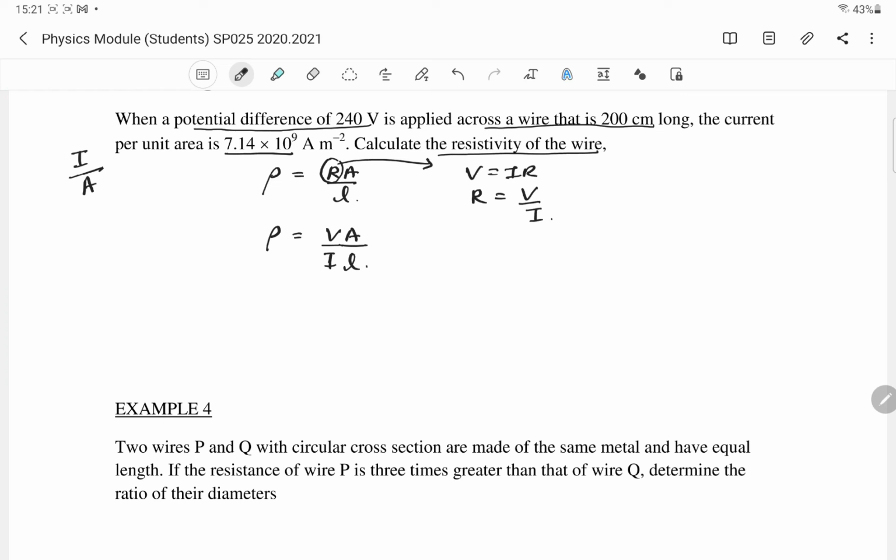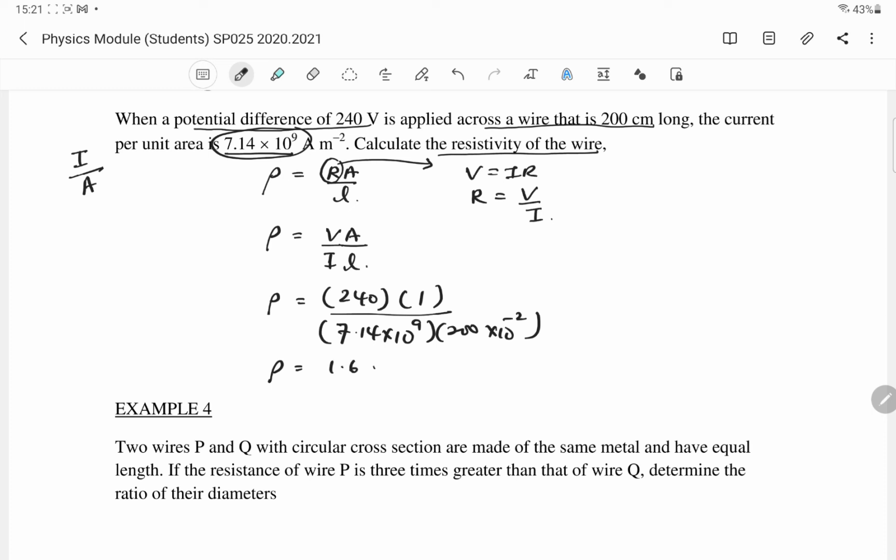So we have rho, V is 240, I over A is 7.14 times 10 power of 9, L is 200 times 10 power of negative 2. So your resistivity is 1.68 times 10 power of negative 8 ohm meter.